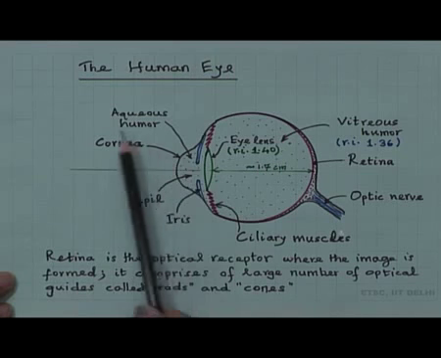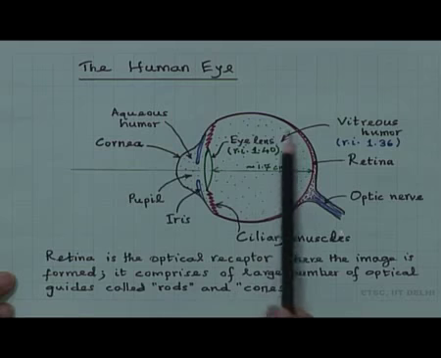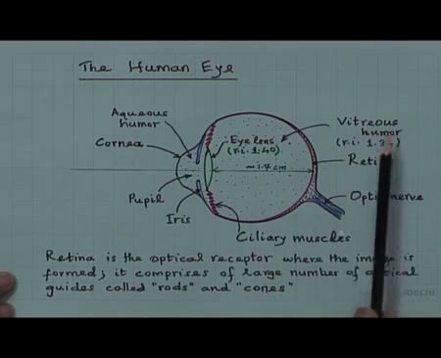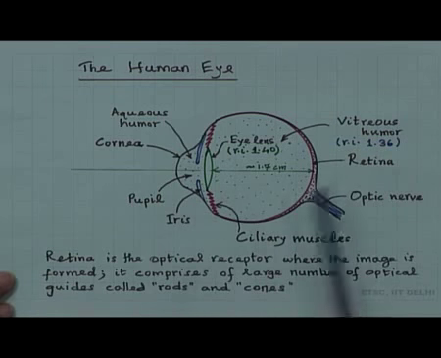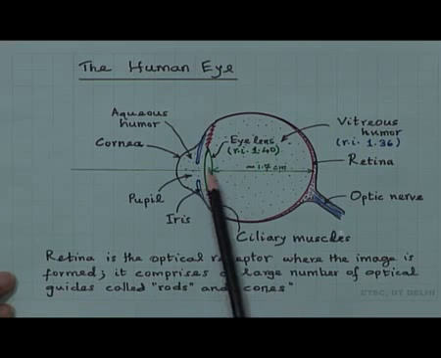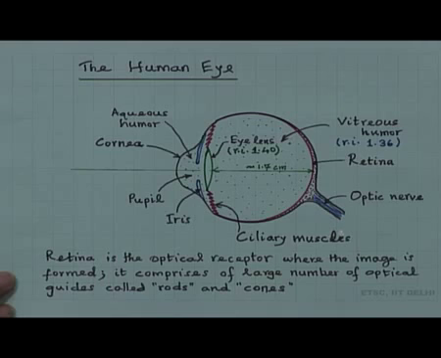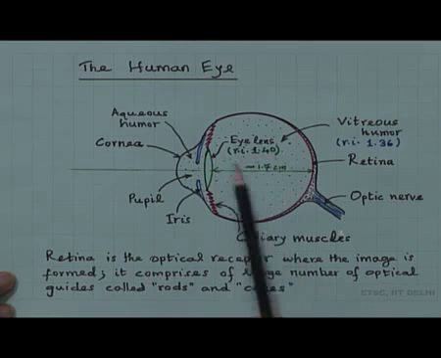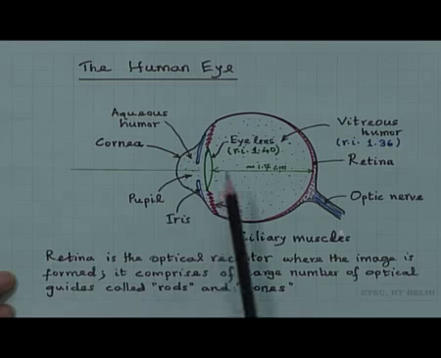One is called aqueous humor and the other vitreous humor. The refractive index is approximately 1.36, and the eye lens has an approximate refractive index of 1.40. It is a little harder towards the center and softer towards the edge, and the average refractive index is approximately 1.40.